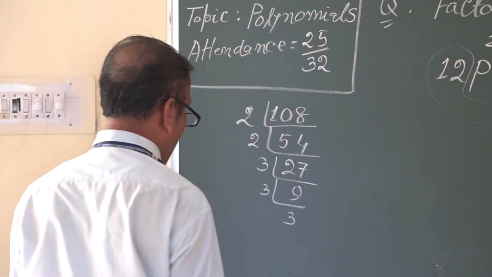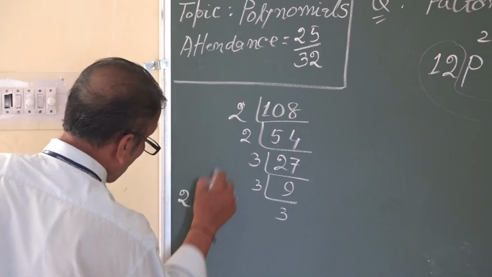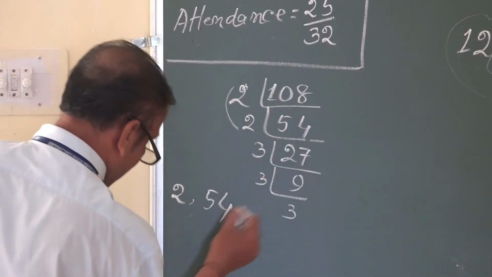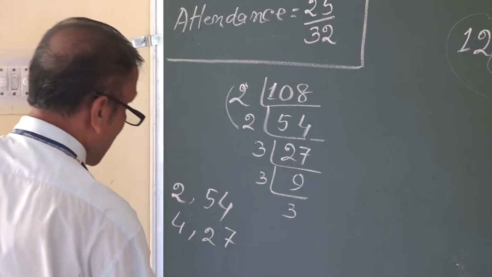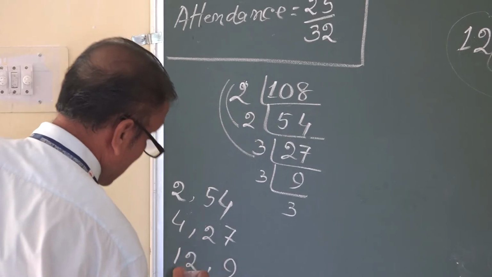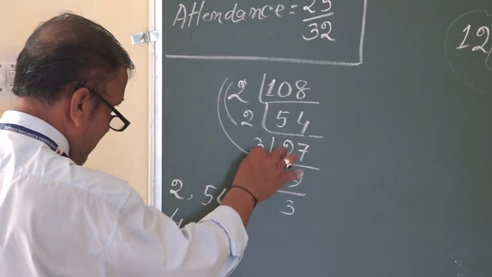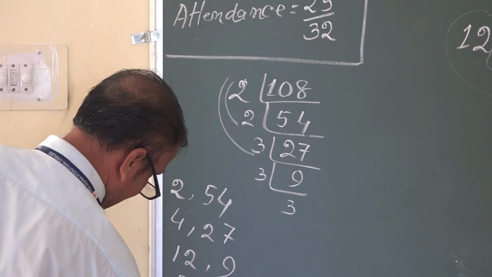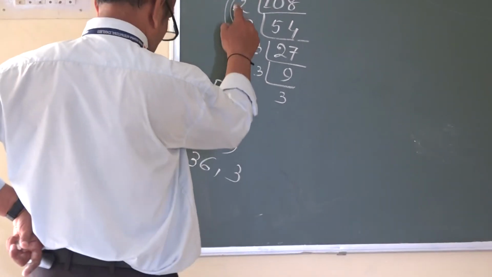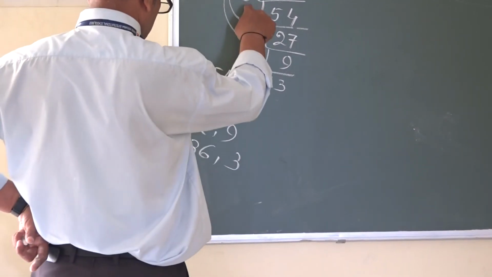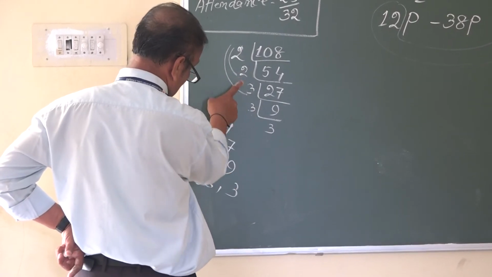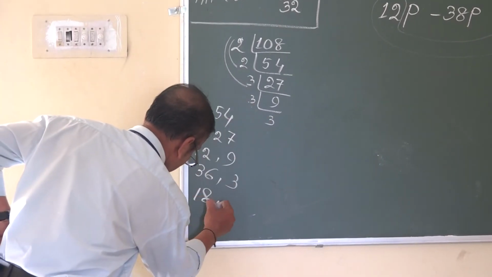So the possible pairs, one is 2 and 54, another is 4 and 27, another is 12 and 9, another is 36 and 3, another is 18 and 6.